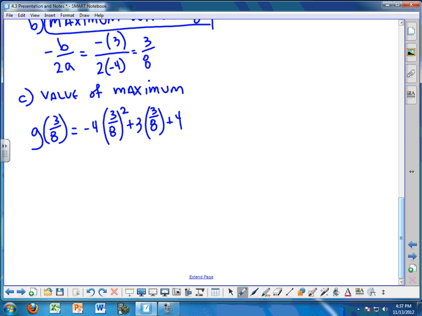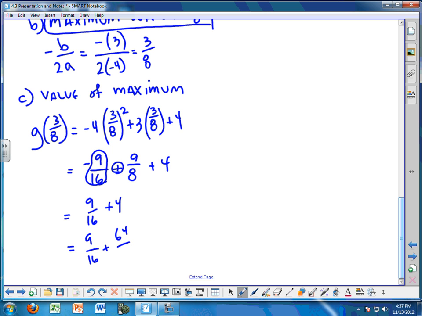And the little trick was that you just have to figure out what that first term is. So that's going to be 9, and the 4 cancels the 64, making a 16, and that's negative, plus 9/8 plus 4. And the answer is, if you recall from class, I said it's going to be this fraction with that sign. So 9/16 plus 4, or 9/16 plus 64/16.